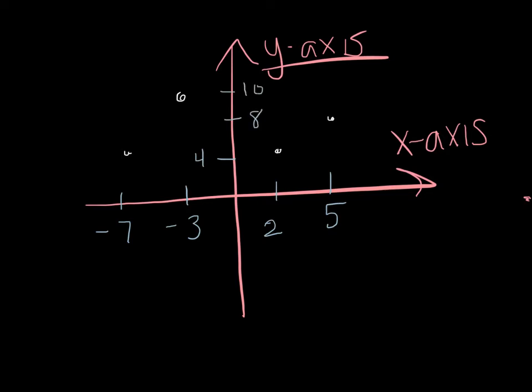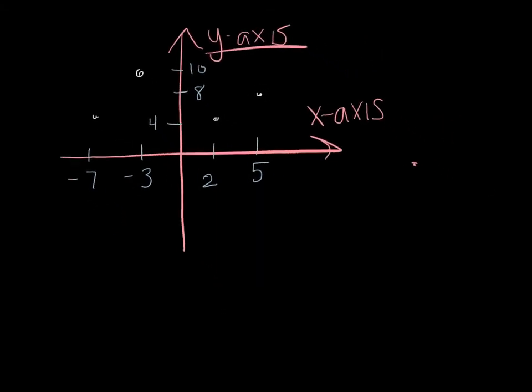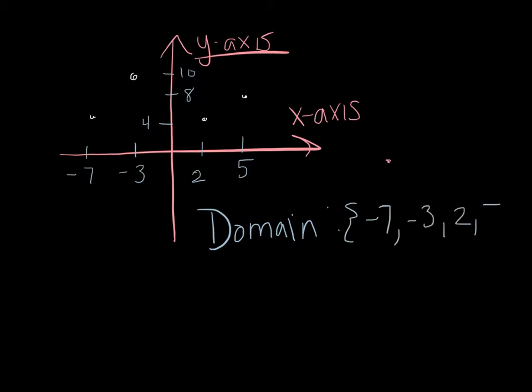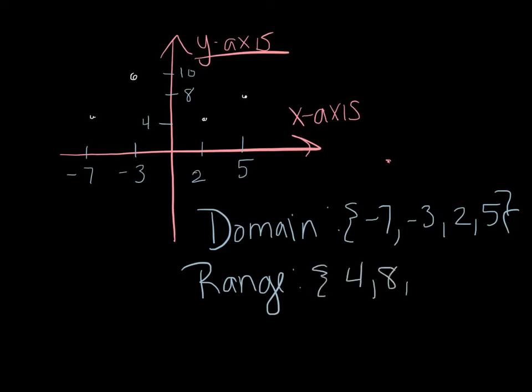I'm just making this up, so don't be worrying too much about it. This is my graph. If you need more clarification, my x values are on the bottom. So my domain is just going to be -7, -3, 2, 5. My range is going to be my y values, which is 4, 8, 10. I'm done.